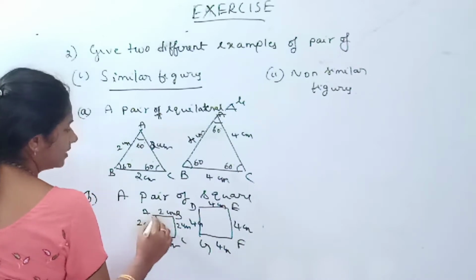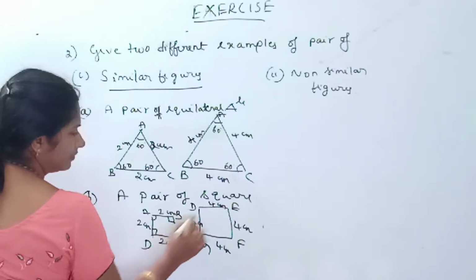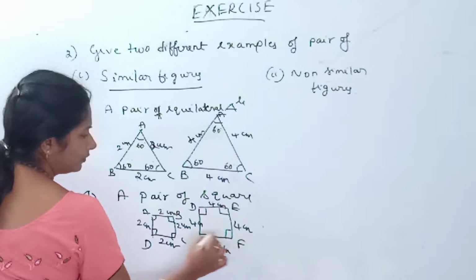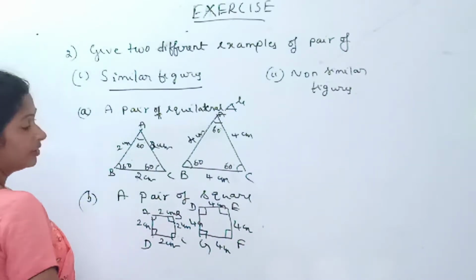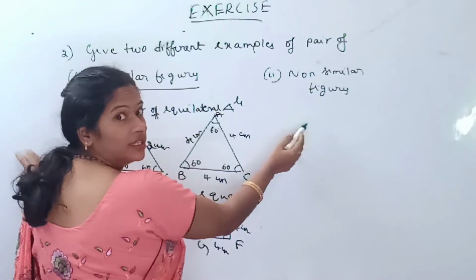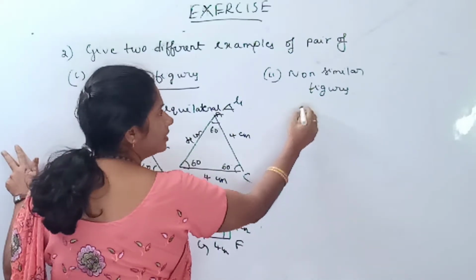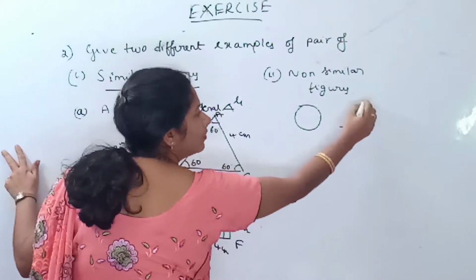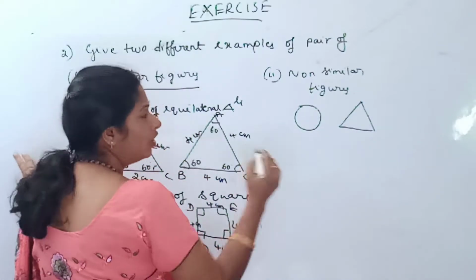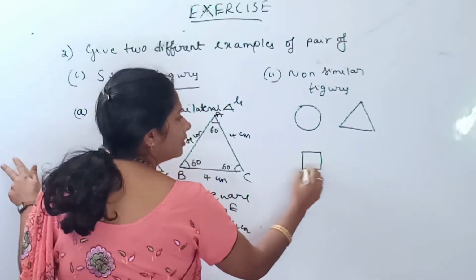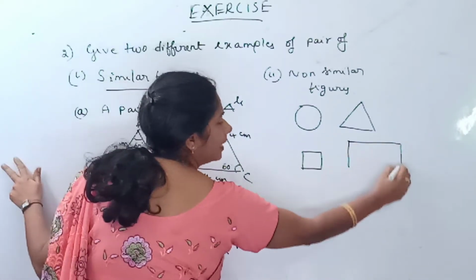And all the angles are 90 degree itself. These are the two examples for similar figures. Non-similar figures, you can draw any non-similar figures. Let me draw one circle and one triangle, or one square with one rectangle.